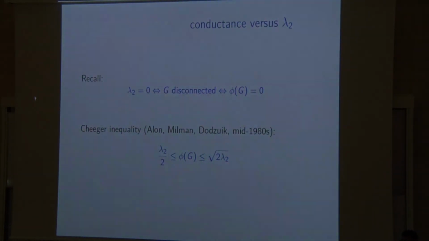So those two parameters, this one computable in polynomial time, this one NP-hard to compute and conjecturally also hard to approximate, are somewhat good approximations of each other. There is a quadratic loss, which is known to be unavoidable for some graphs, but at least qualitatively, you see that all the graphs of small conductance are graphs of small lambda 2 and vice versa.